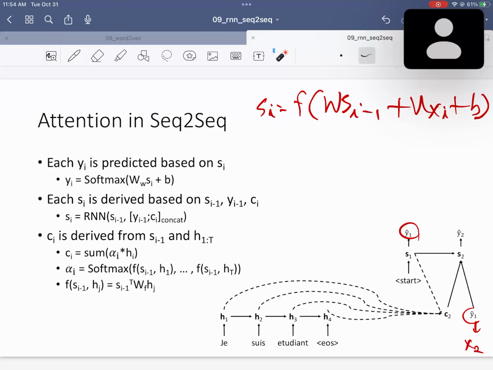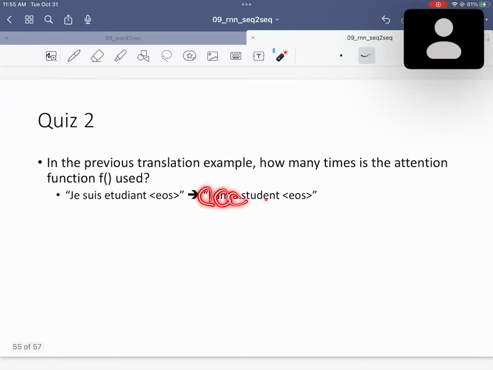I said that you need C for each time step, right? And each C calls this four times. Like here, it's right here, four times. And there are 5 words, 1, 2, 3, 4, 5. So it's 5 times 4, it's 20.